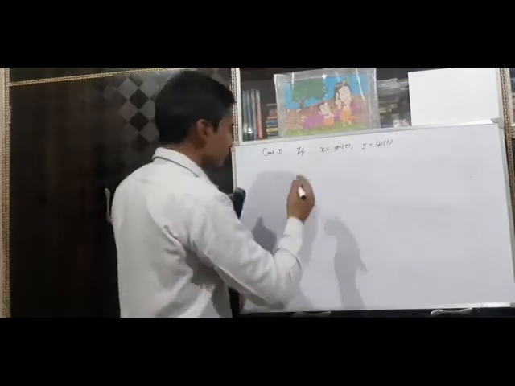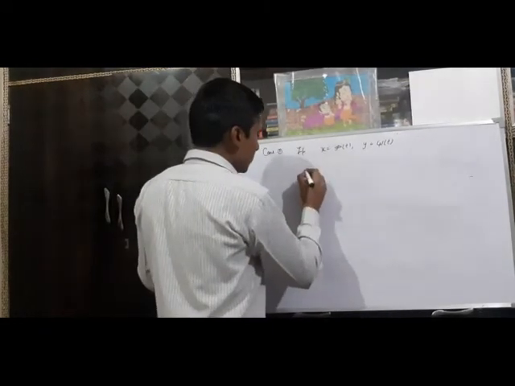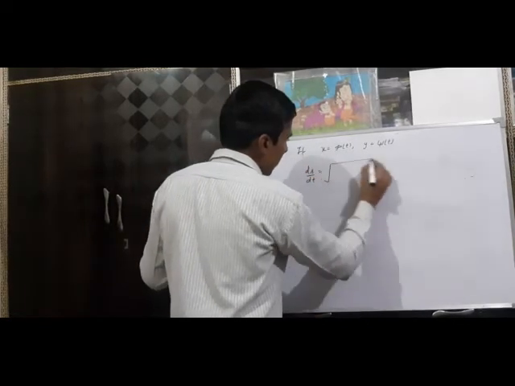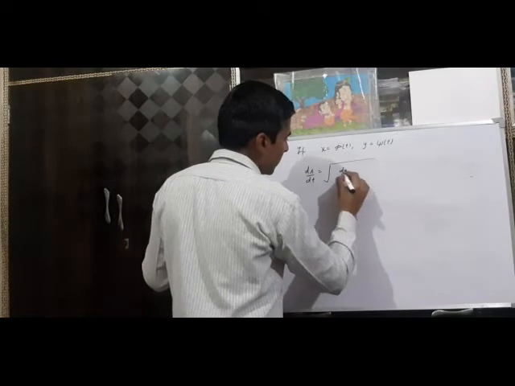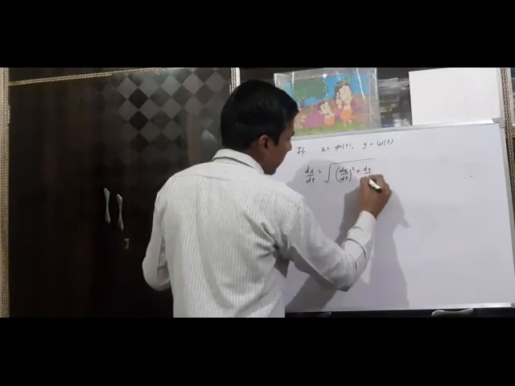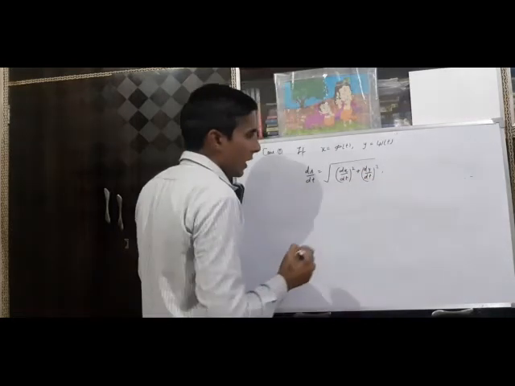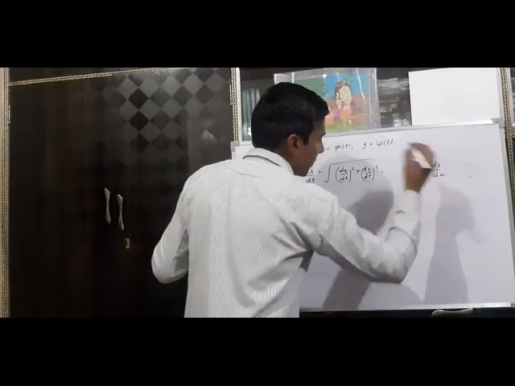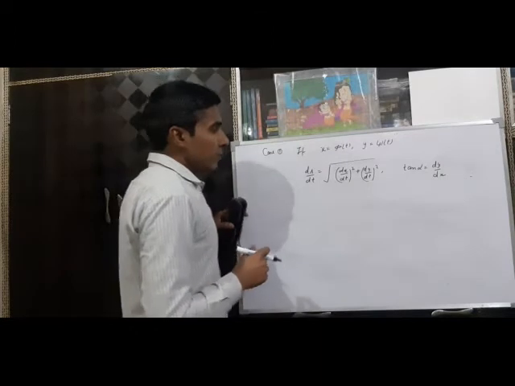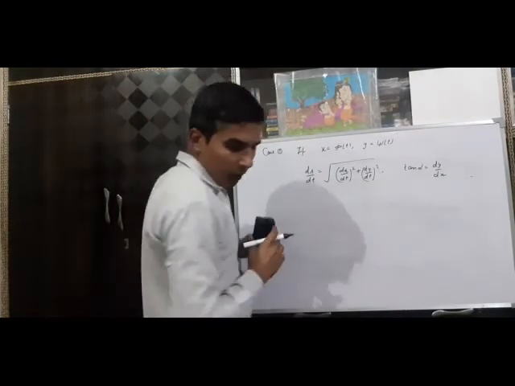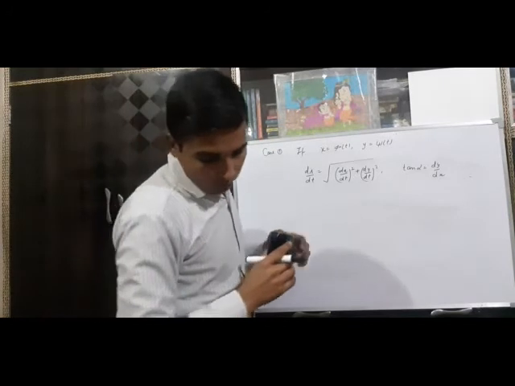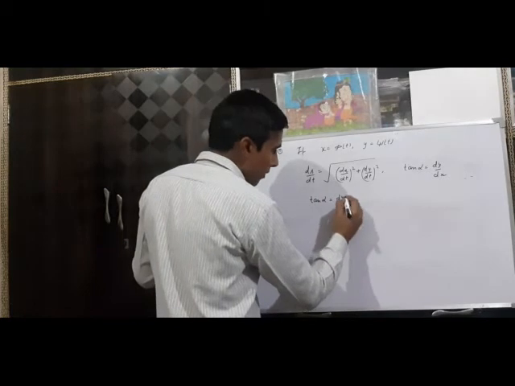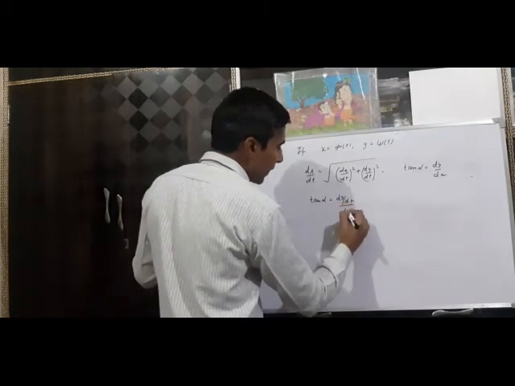So for this, as we know, in such a situation, ds by dt is square root of (dx by dt) whole square plus (dy by dt) whole square, and tan of alpha is dy by dx. So again here we rewrite tan alpha as dy by dt upon dx by dt.